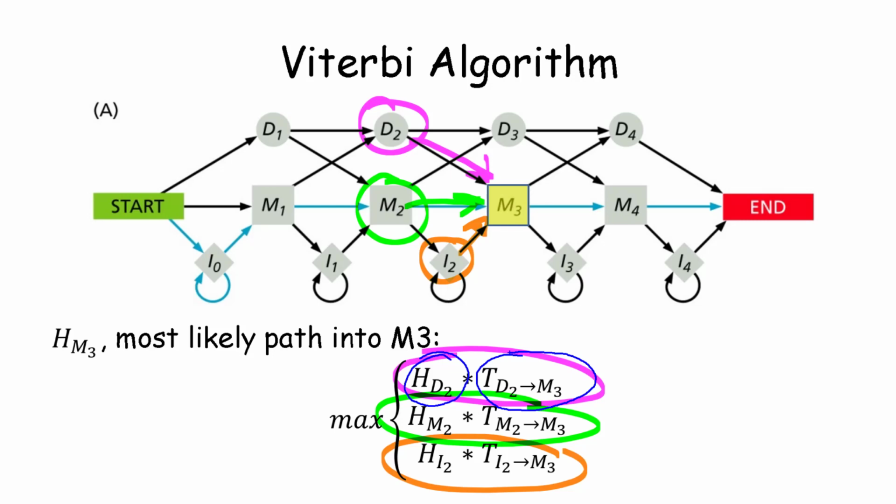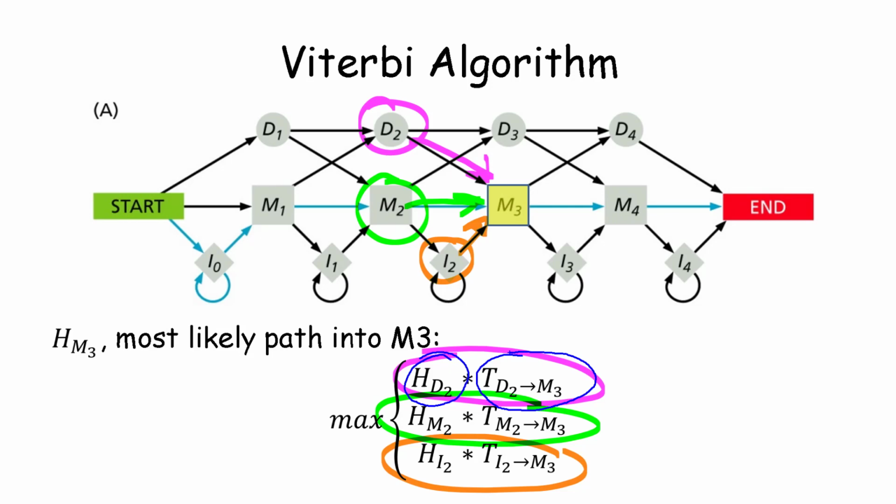We would then select the highest of these scores and make a note of which direction resulted in the highest score. Just like when we applied dynamic programming to the sequence alignment problem, we would begin from the start state and calculate the score of each state from the scores of the previous states until we get to the end state.